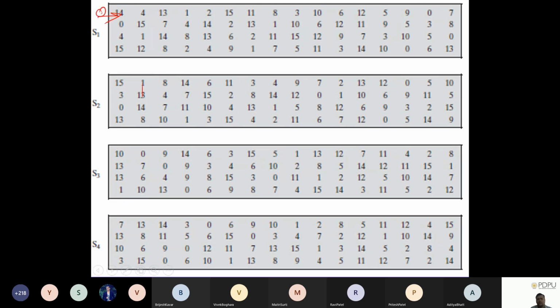Now similarly, where is the 12th column? Make sure your column starts from 0. So I will write down column number 1, 2.